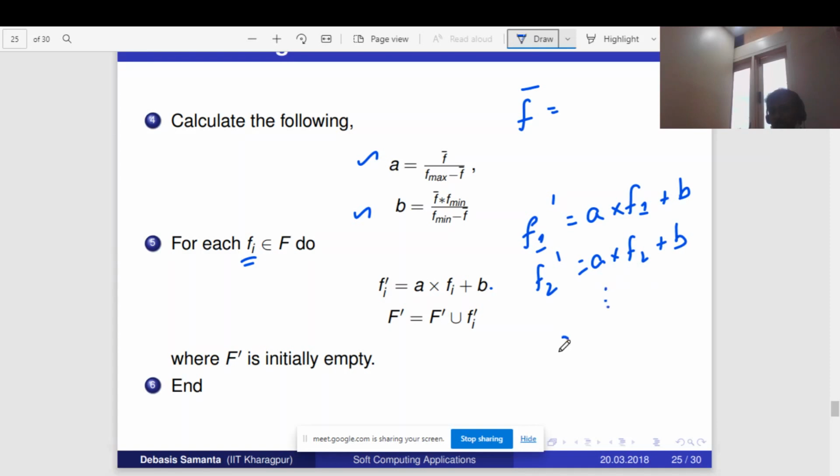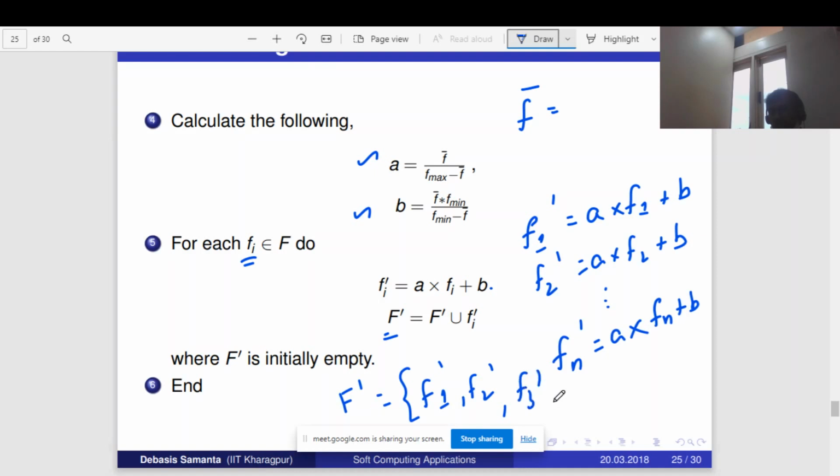What is fn dash? Like that you calculate all fi dashes. After calculating each one, you add it to the set f dash. So finally f dash will be f1 dash, f2 dash, f3 dash, and so on, with all the values. This is how we perform linear scaling.